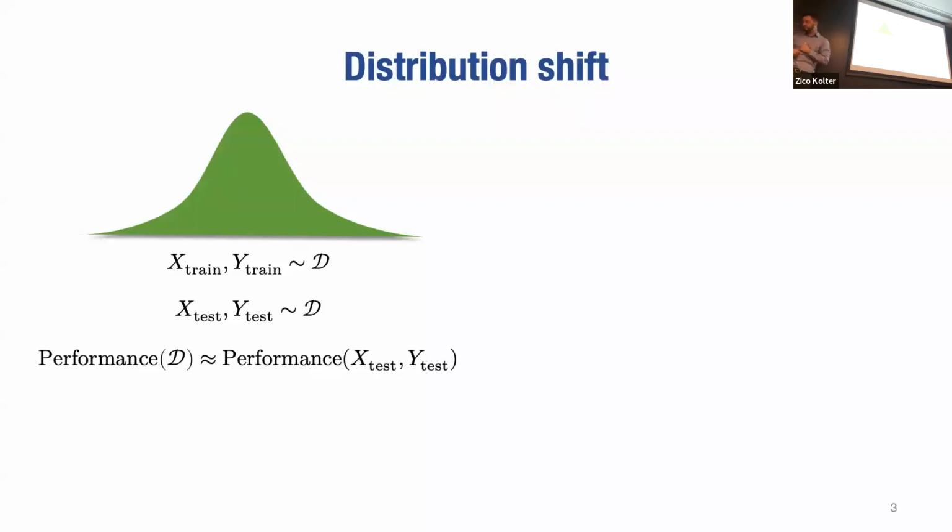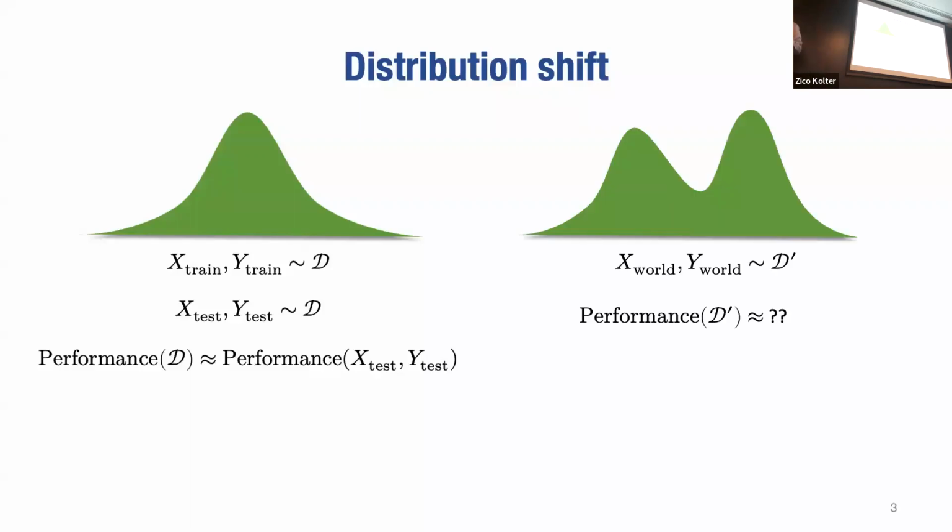But then, of course, the challenge is if you go into the world and all of a sudden your distribution changes, how can you get any guarantees about how your classifier will actually perform?